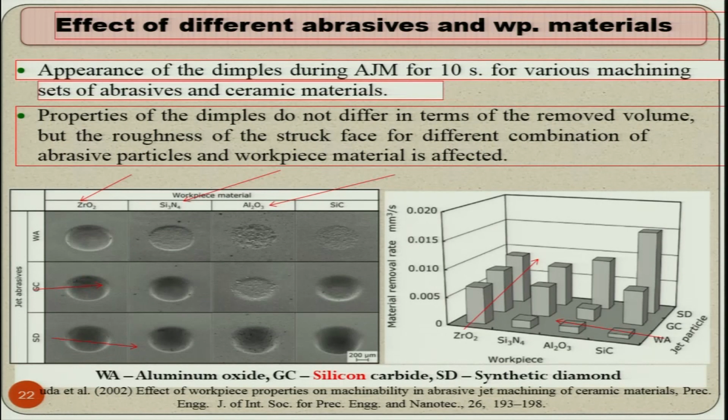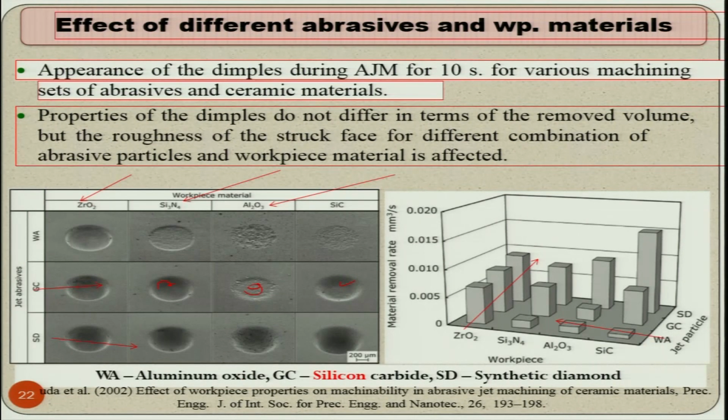However, the abrasive remains the same. In the same way, when the abrasive changes and the workpiece material remains the same, you can see that the depth is different, and the cleanliness with which the cavity is formed is also different. Here you can see the depth is very minimal, but here again the depth increases in the case of silicon carbide.